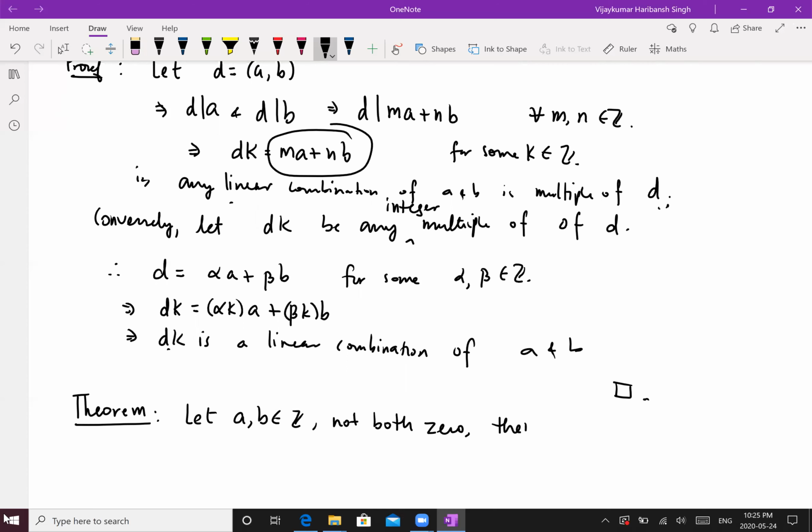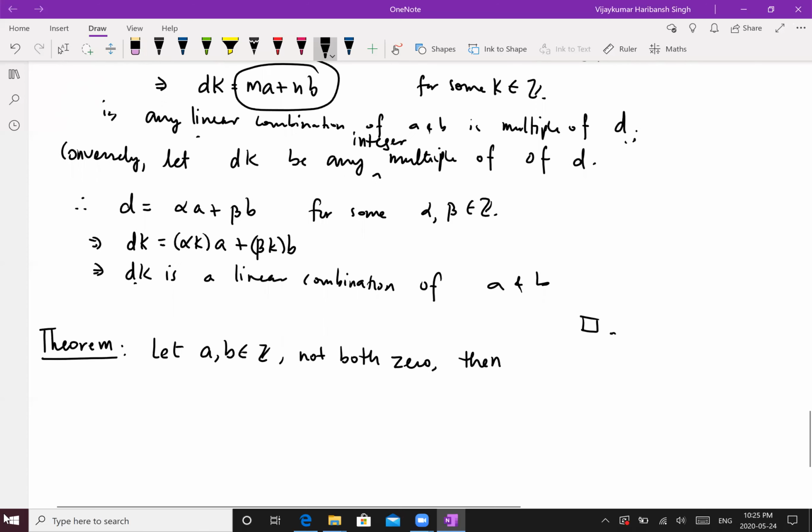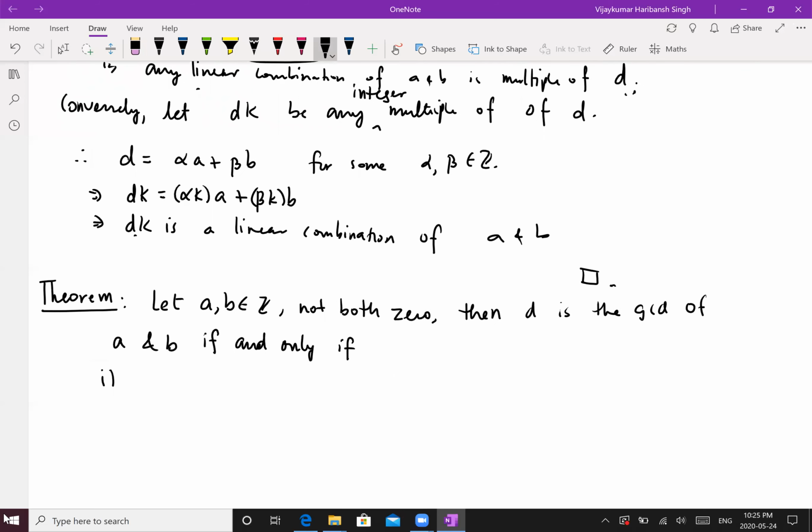Then D is the GCD of A and B if and only if, one, D divides A and D divides B. So that is obvious to happen.